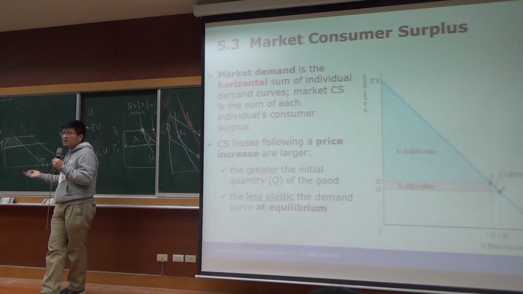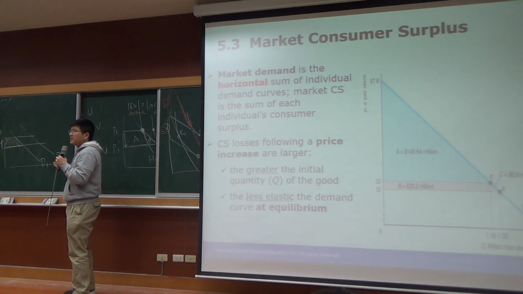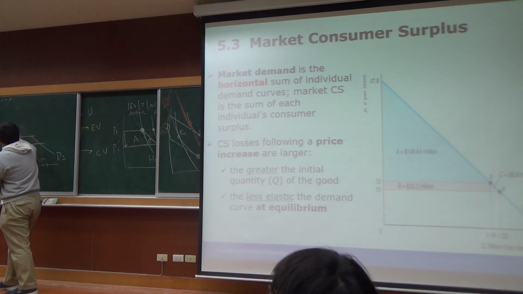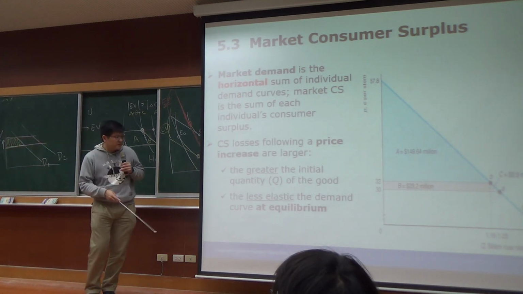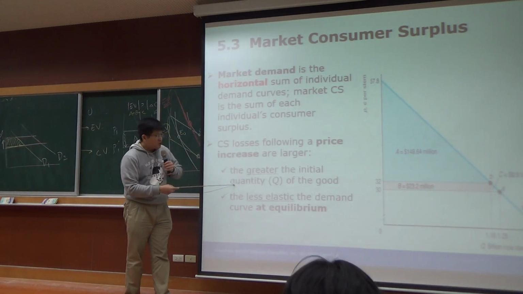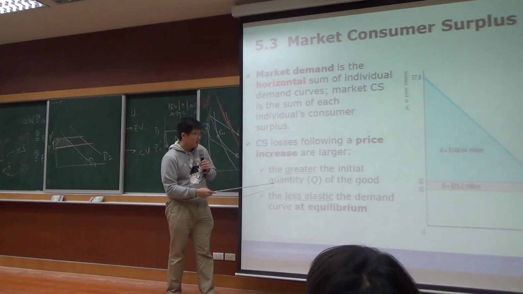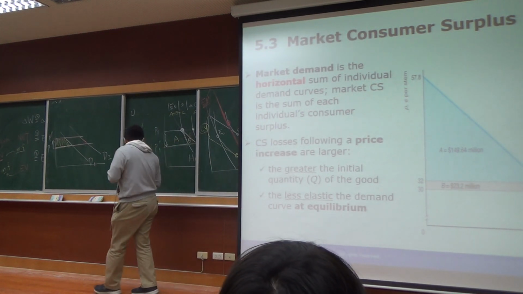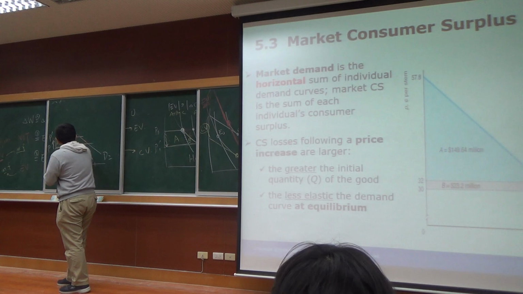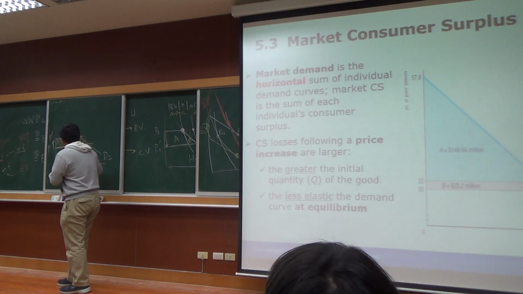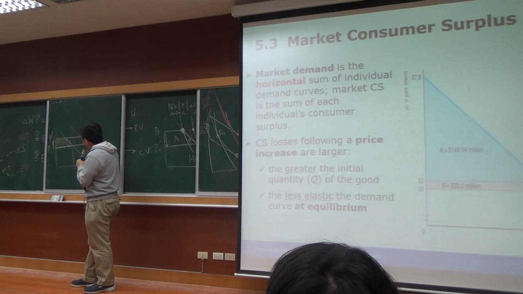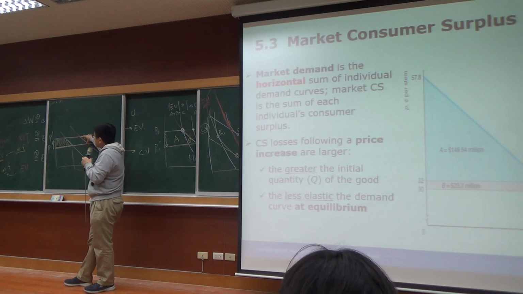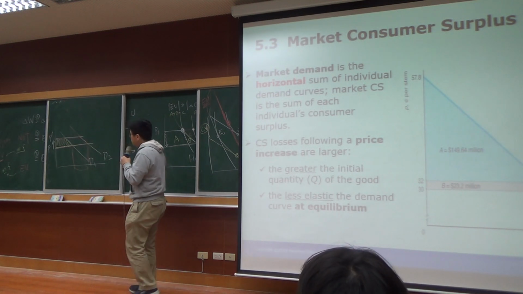D2, right? Because the loss of consumer surplus would be this part. So the greater the initial Q, the larger the loss of consumer surplus.